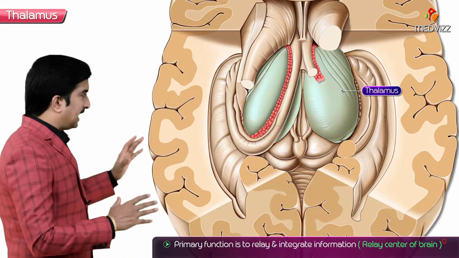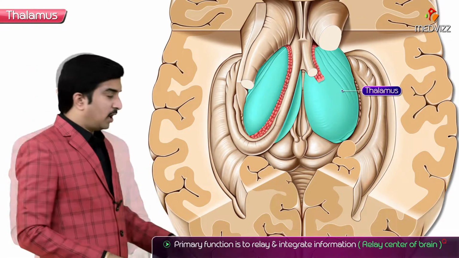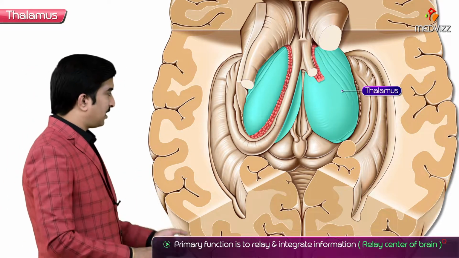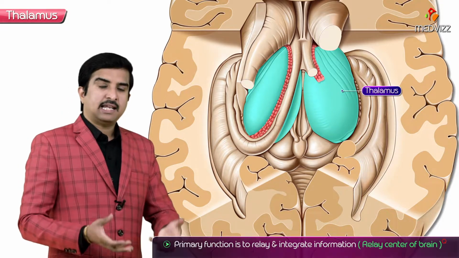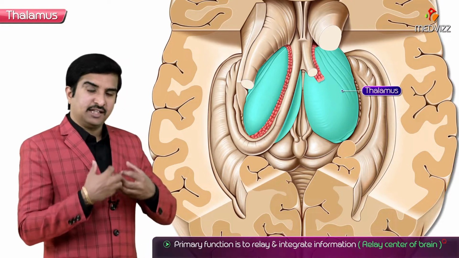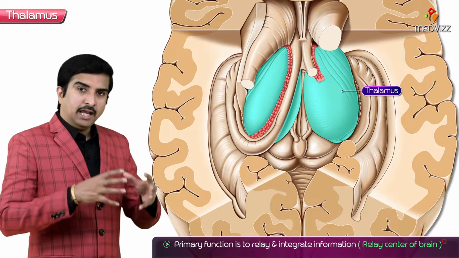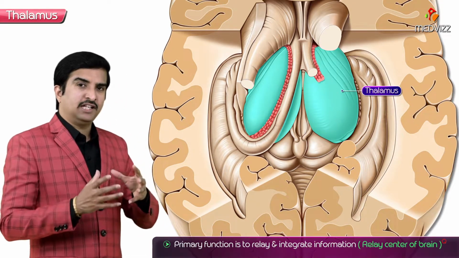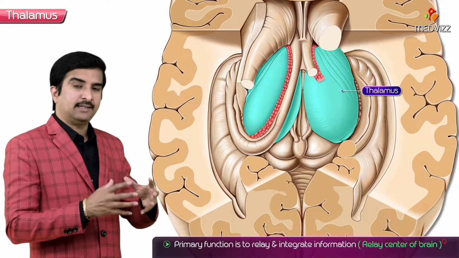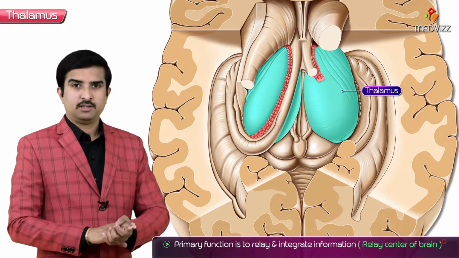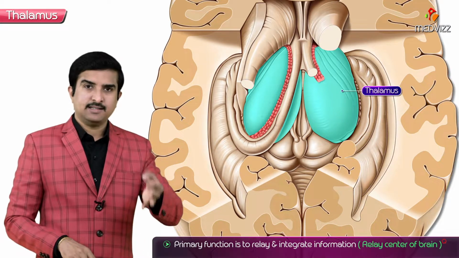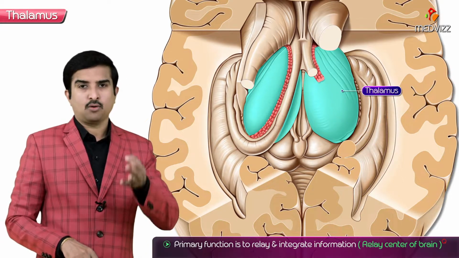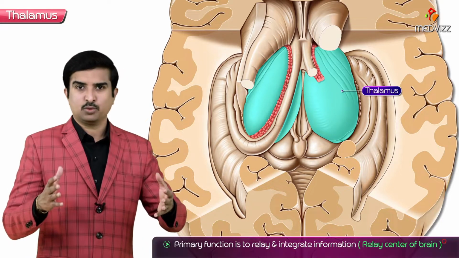So if you see the thalamus here, whatever sensory inputs are received by the thalamic nuclei, these nuclei not only receive the information, integration and processing of the information is also done at the thalamic area. That is the reason the thalamus is called the relay center of the brain, or relay center of the central nervous system.